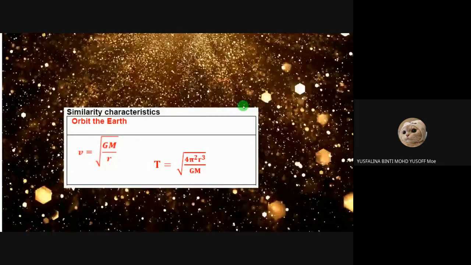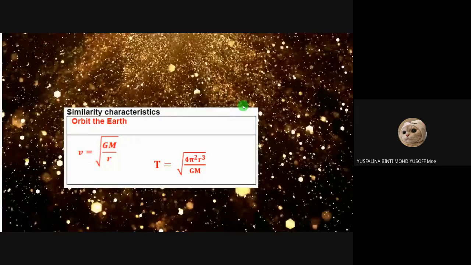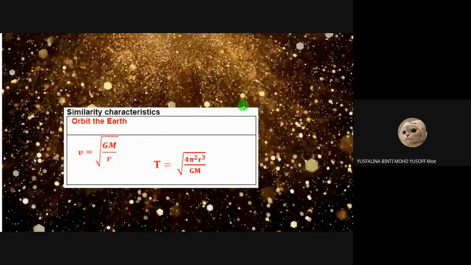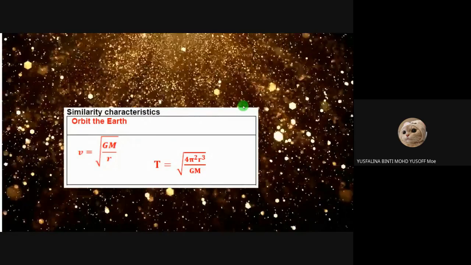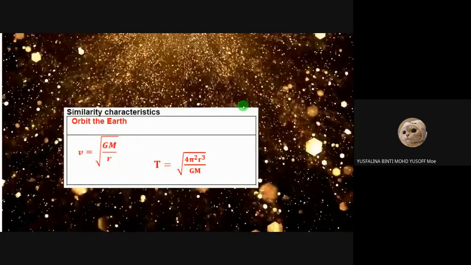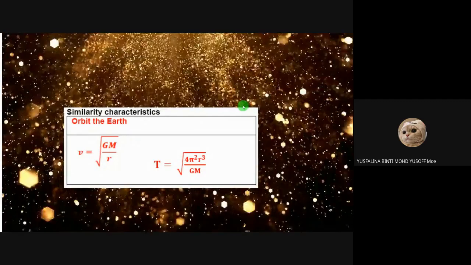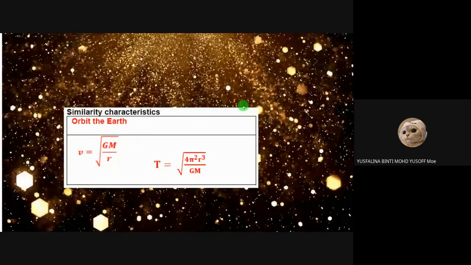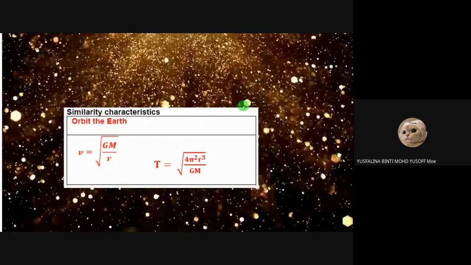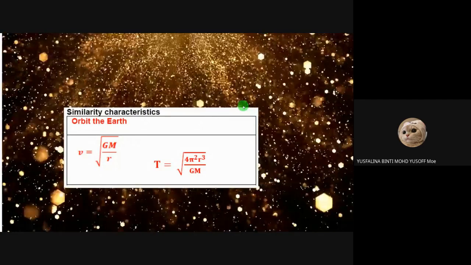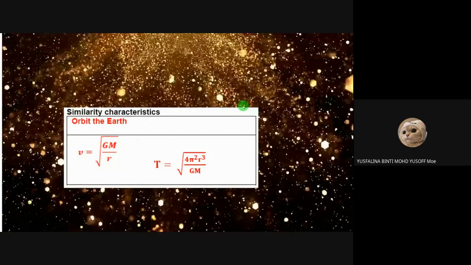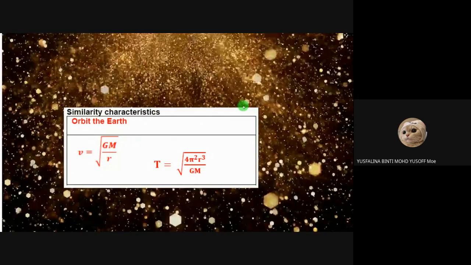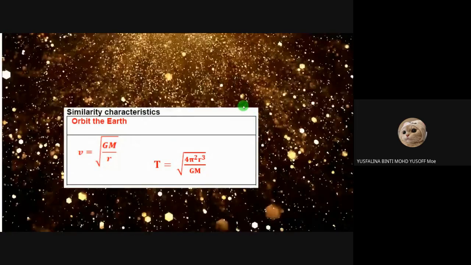It can be used for the geostationary satellite and also for the non-geostationary satellite. And for the orbital period, you can use the formula T equals square root of 4 pi squared r cubed over GM. You can apply this to both the geostationary and non-geostationary satellite.